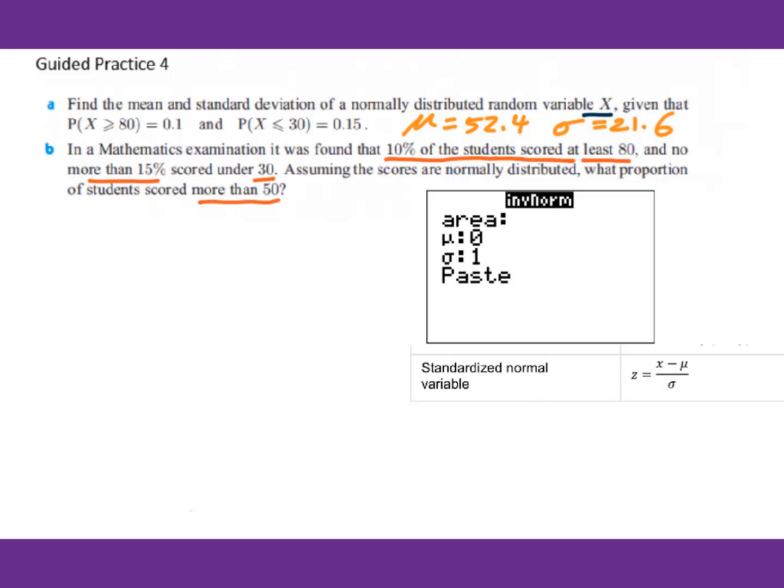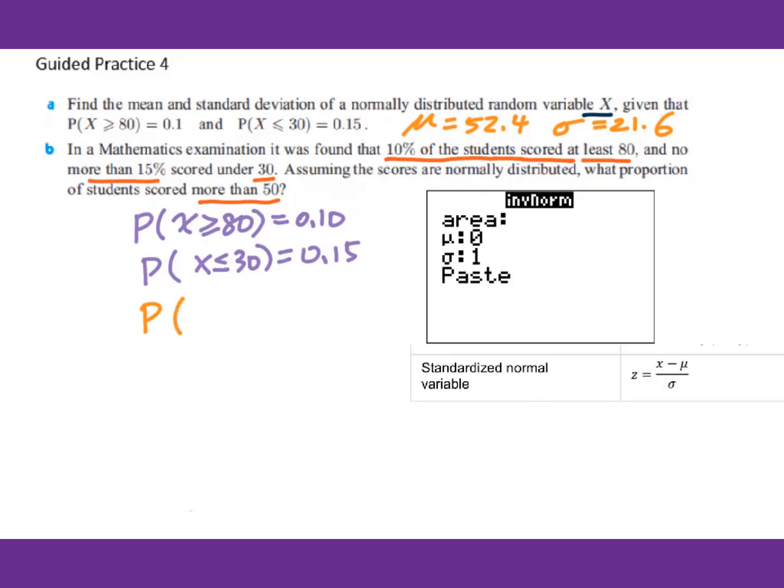According to the given information, we get probability x greater than or equal to 80 is 0.10, and probability x less than or equal to 30 is 0.15.